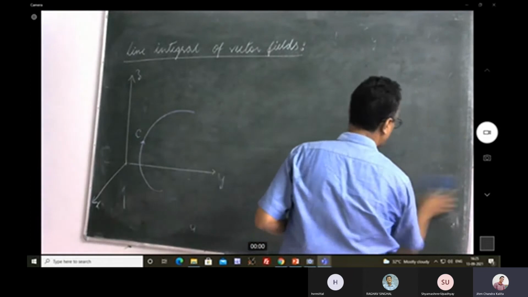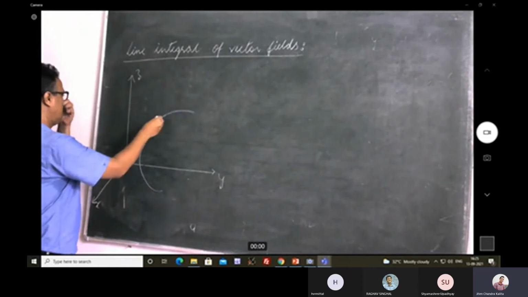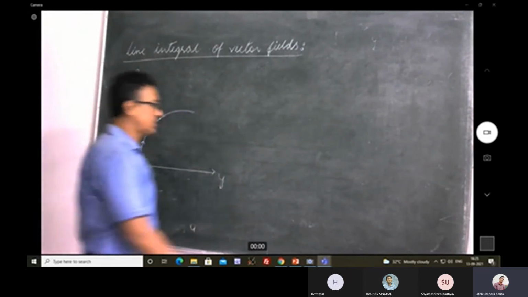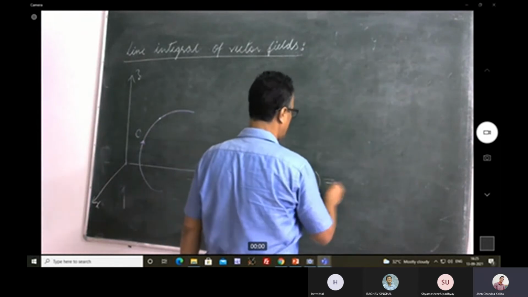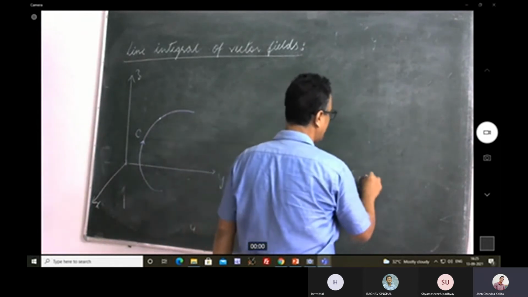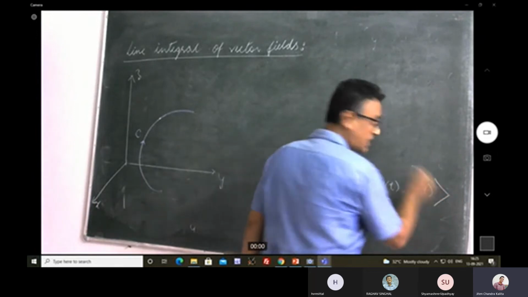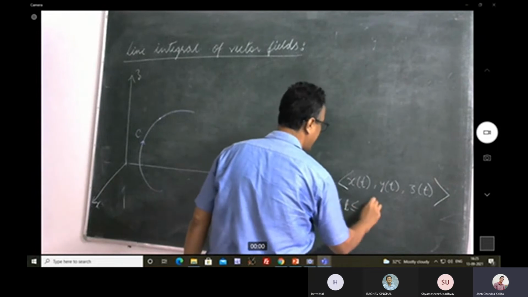As before, I am going to assume that this curve can be parameterized through this representation: r(t) is simply x(t), y(t), z(t), and t lies between a and b.